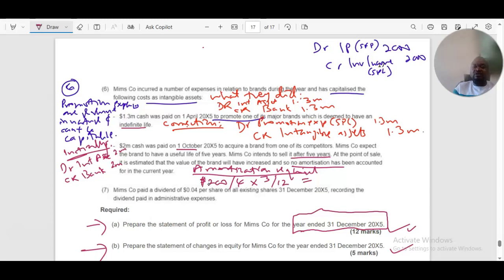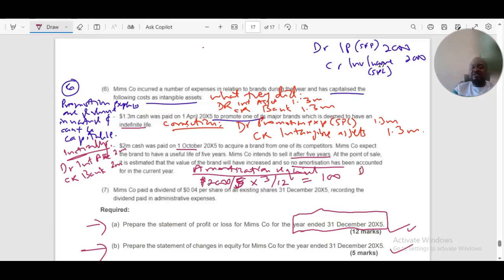So this would give us something like how much here? They're saying 2,000. This is over 5 years, isn't it? I'm sorry, that's 5 years. So 2,000 over 5 gives us 400. 400 every year, but for 3 months, this means that we only have to charge $100. So what's the double entry required?